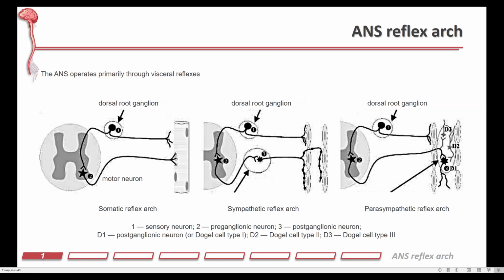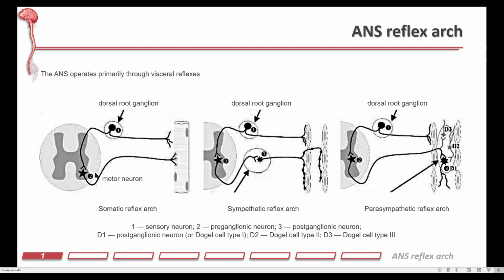Now, on this slide, you can see the structure of the reflex arc. So let me remind you from the previous lecture, using the example of somatic reflex arc, the main components of the reflex arc. The first one is the afferent, which includes receptor, then goes the sensory neuron, the cell body at the dorsal root ganglion, and then the center, which is the spinal cord in this example.